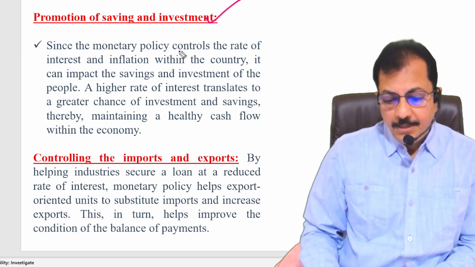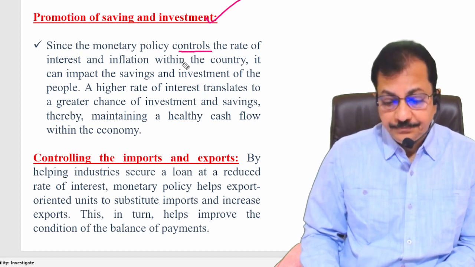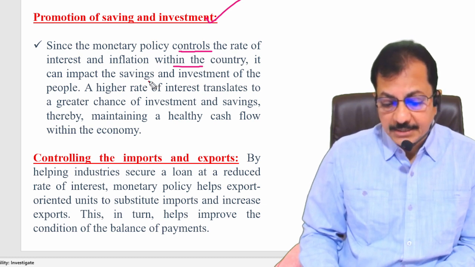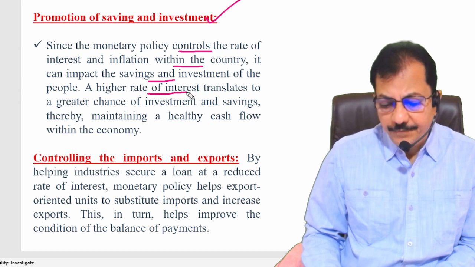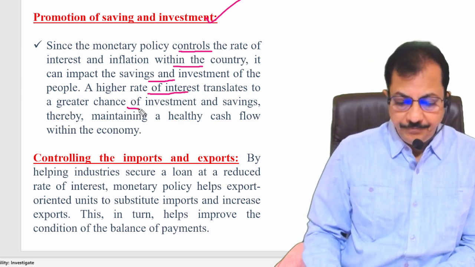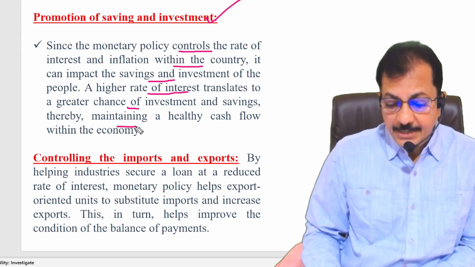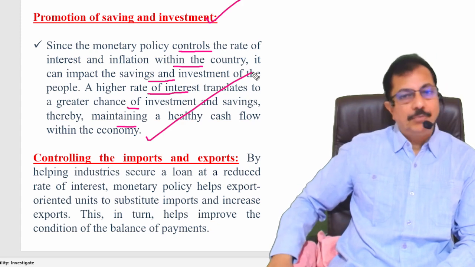Since the monetary policy controls the rate of interest and inflation within the country, it can impact the savings and investments of the people. Higher rate of interest translates to greater chance of investment and savings, thereby maintaining a healthy cash flow within the economy.